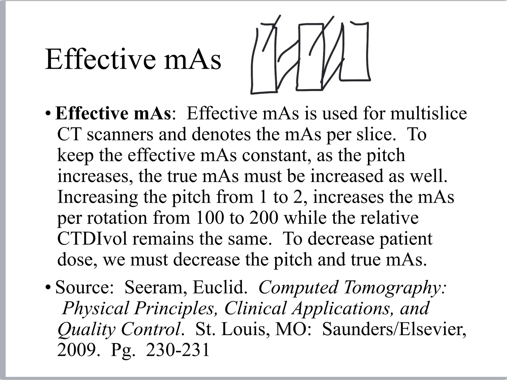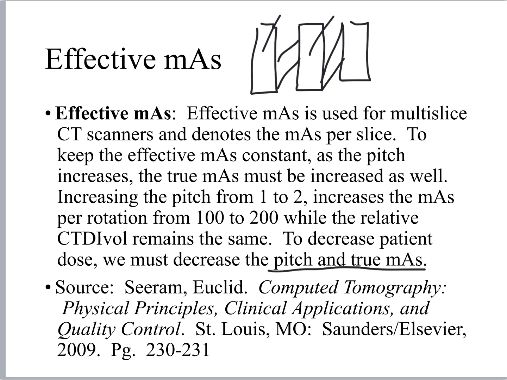Now this is according to Euclid's theorem, and I would say that this is in all likelihood a point of some controversy, because it would depend on the CT imaging system that we're working with and how it calculates effective mass and how it relates that to pitch, because for the most part, as we're decreasing pitch, we can assume that we would have a slight increase in patient dose due to potential for scan overlap.